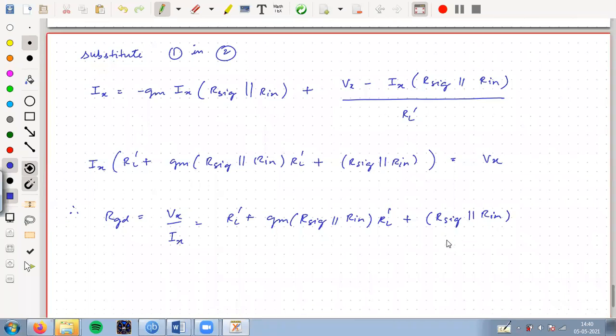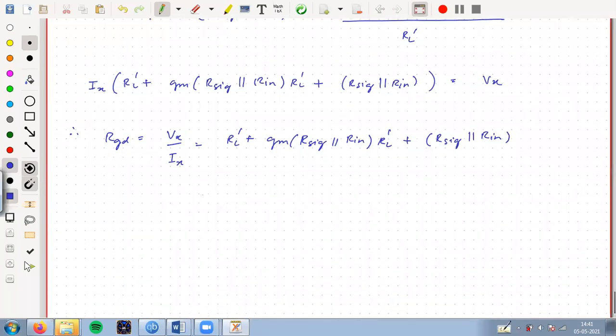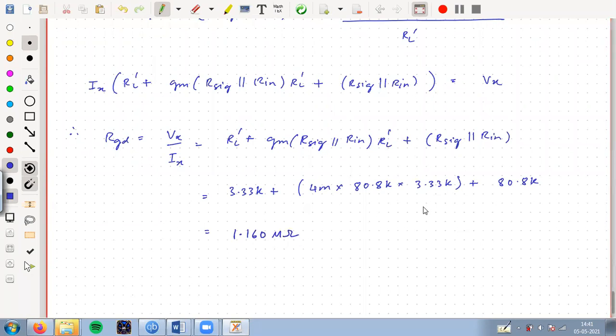If all the values are known, RL prime is 3.33 kilo, Gm is 4 milli, and R signal parallel Rn we got earlier as 80.8 kilo. So 3.33 kilo plus 4 milli into 80.8 kilo into 3.33 kilo plus 80.8 kilo will turn out to be 1.160 mega ohms. Solve this on your own and verify the answer.